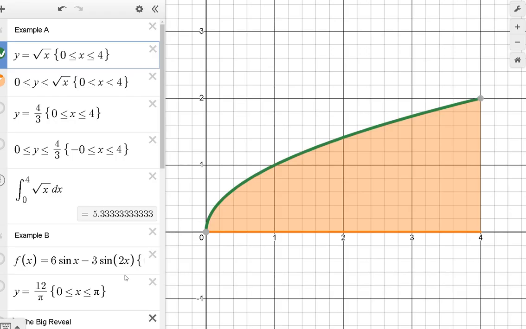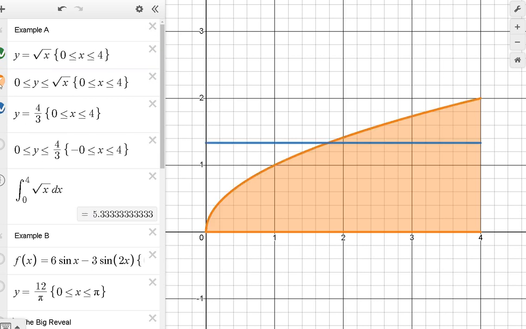So looking back here, our average value was 4/3. So it really gives you two ways you can think about finding this area here. One is you could just integrate the original function and find the area underneath the curve. Or if you had the average value of the function, let's shut this off.